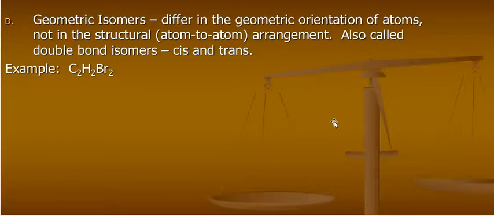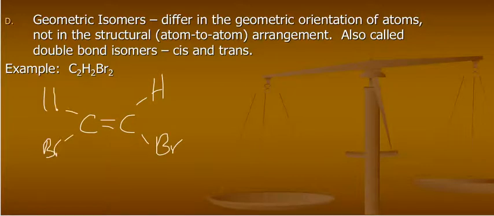Geometric isomers differ in the geometric orientation of atoms. For example, C2H2Br2. One way to draw this molecule would be to have the bromines on the same side. If the bromines are on the same side, it's called a cis isomer.